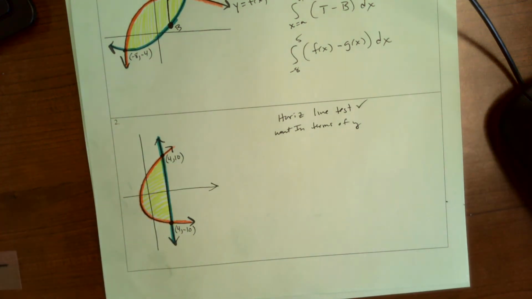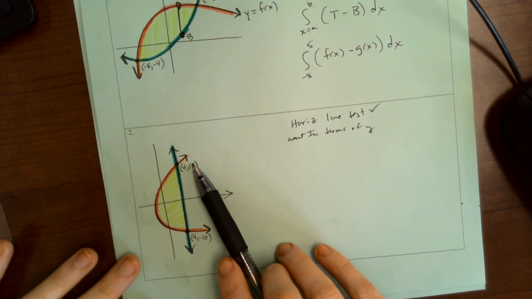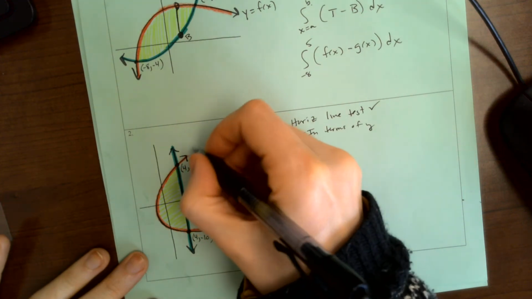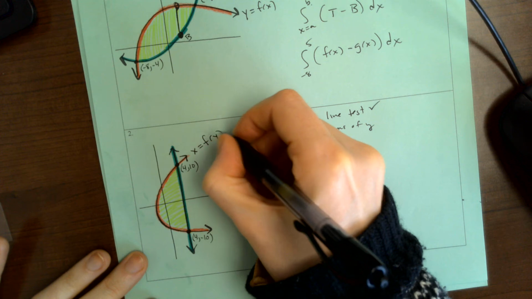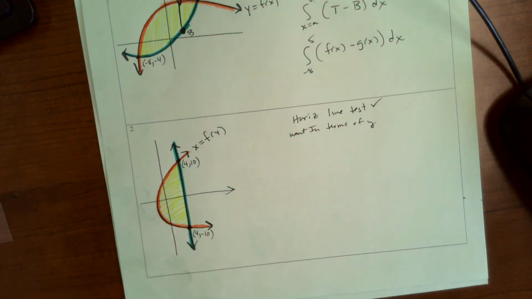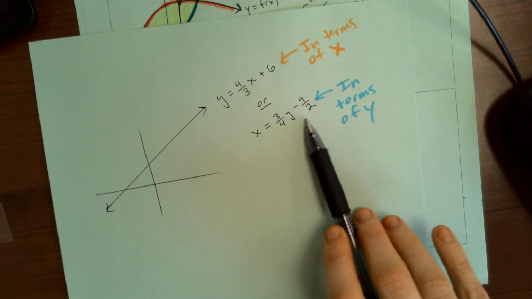Okay, so when I am labeling my graphs, the red one, remember the red one is f, this time it's going to be x equals f of y. So it's like you took the equation and you solved for x instead of solving for y.